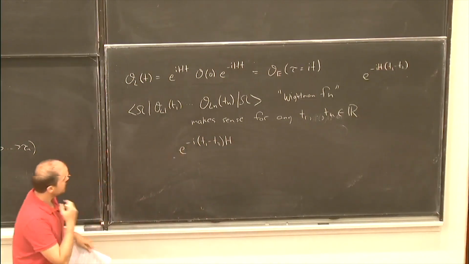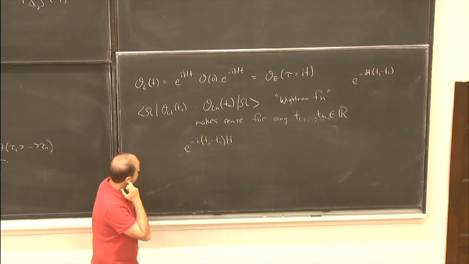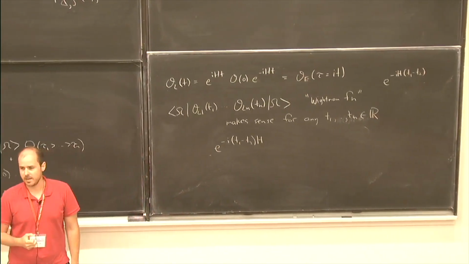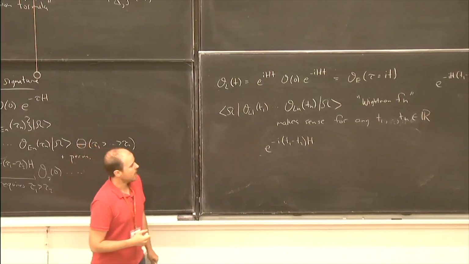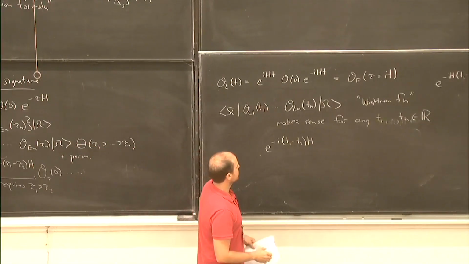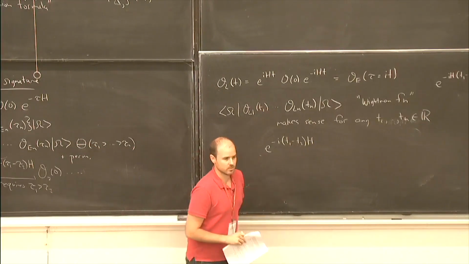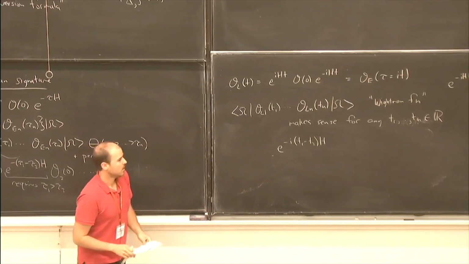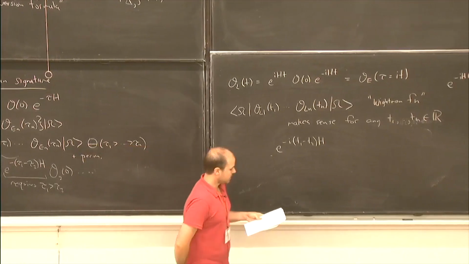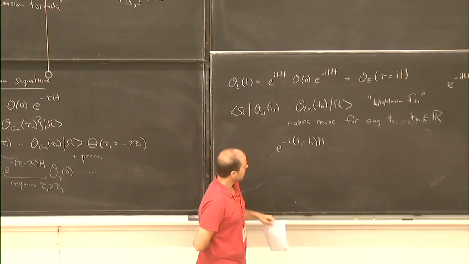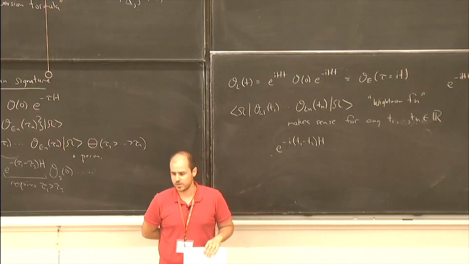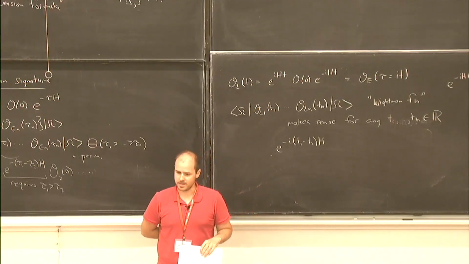And instead of being exponentially damped, the contribution of high-energy states is highly oscillatory. And the fact that it's oscillatory doesn't depend on the sign of t1 minus t2. So we can have t1 minus t2 be positive or negative, and we get that high-energy states are highly oscillating. This is good enough for the sum over high-energy states to make sense, at least in a certain sense.